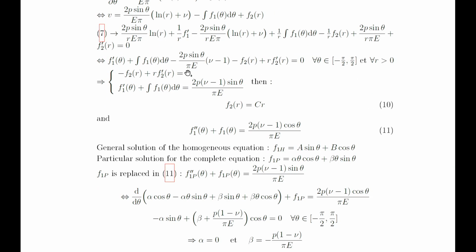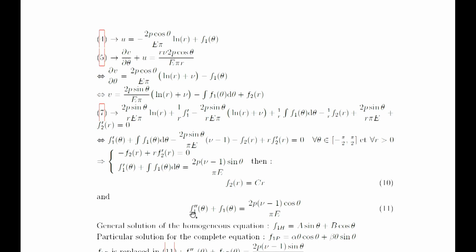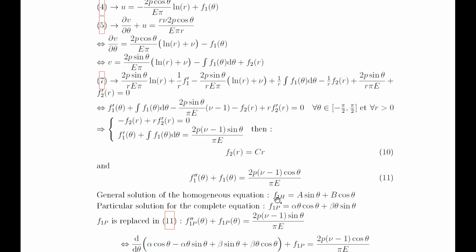Then you find the shape of the displacement. U will be along the R. This is the radial displacement. V will be along theta. And then at the end, you have this form. You have the solution of the homogeneous equation, and the particular solution of the full differential equation.